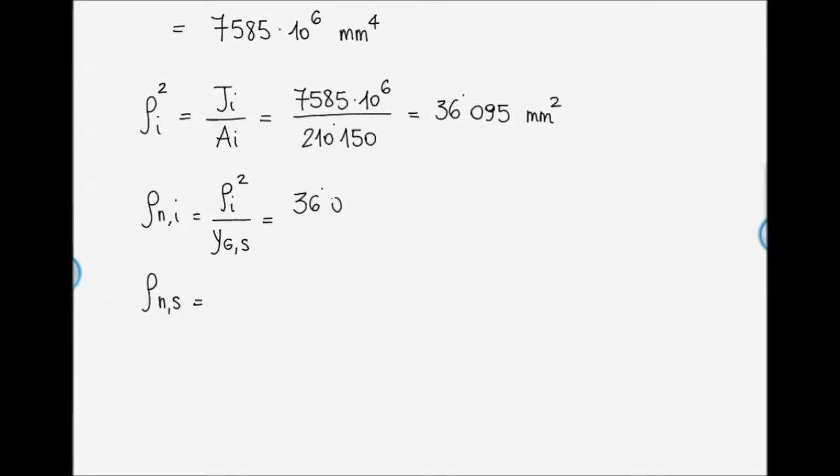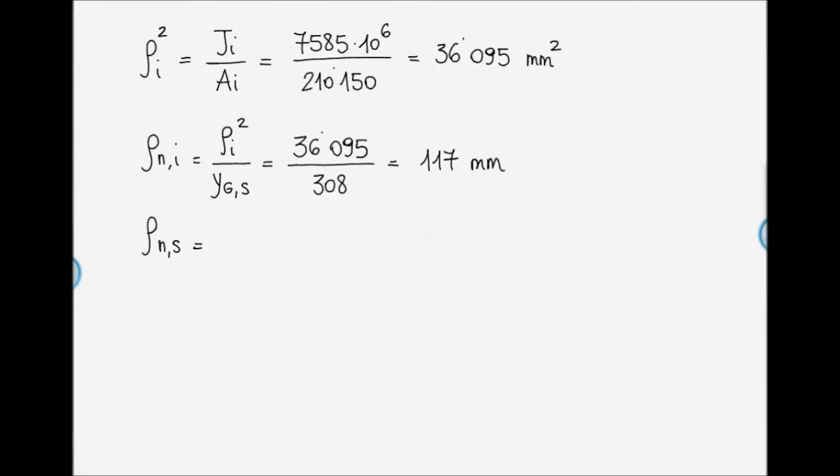We obtain this ratio with the values we have already calculated. So rho ni is equal to 117 millimeters. Rho ns is equal to rho I squared over ygi, that is the distance of the centroid of the homogenized cross-section with respect to the inferior fiber of the cross-section.